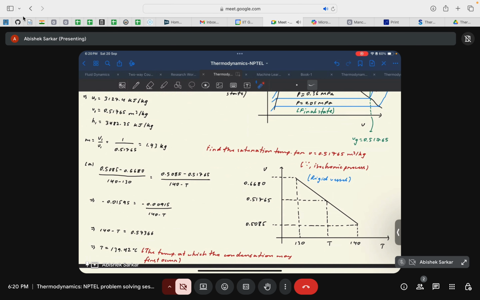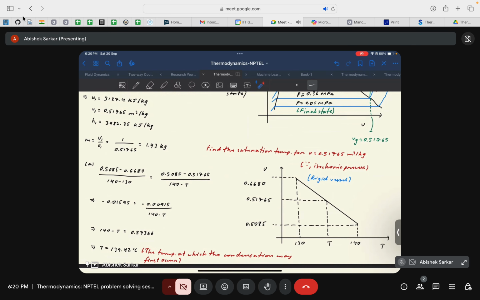Since the specific volume remains constant for this isochoric process, or this rigid vessel, we need to find the temperature from the saturated steam table for the corresponding specific volume of 0.51765 meter cube per kg. So that's the task.